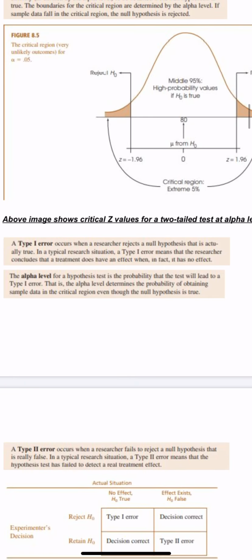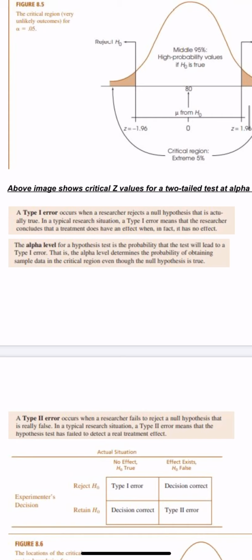A type 1 error is when we say there's a significant result and there's really not, or we reject the null hypothesis when we should fail to reject the null hypothesis. The alpha level is also the probability of getting a type 1 error.